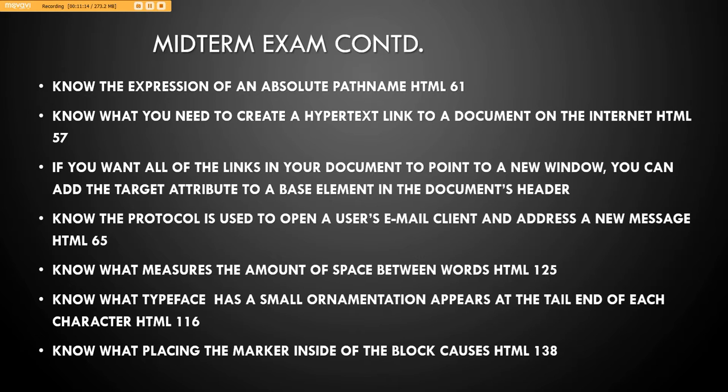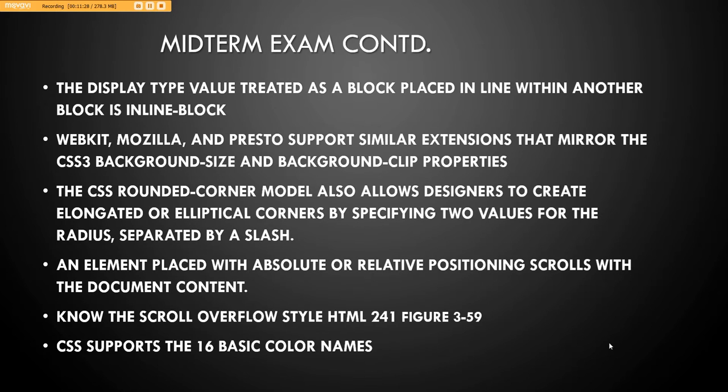Know what typeface has a small ornamentation appears at the tail end of each character. It's on 116. Know what placing the marker inside the block causes, page 138. The display type value treated as a block placed in line within another block is the inline block. WebKit, Mozilla, and Presto support similar extensions that mirror the CSS3 background size and background clip properties.